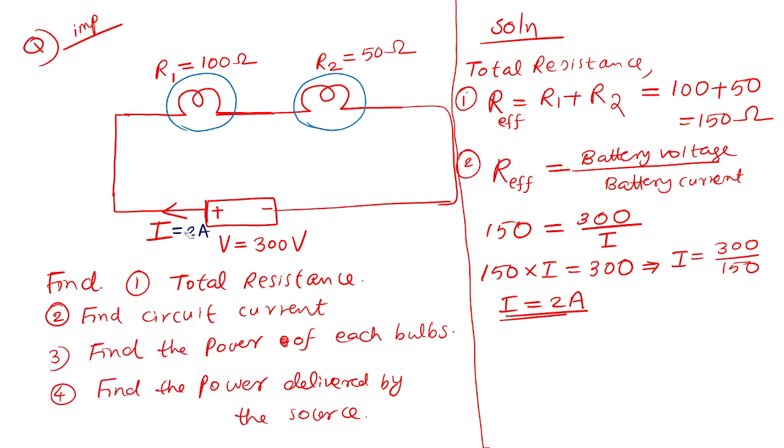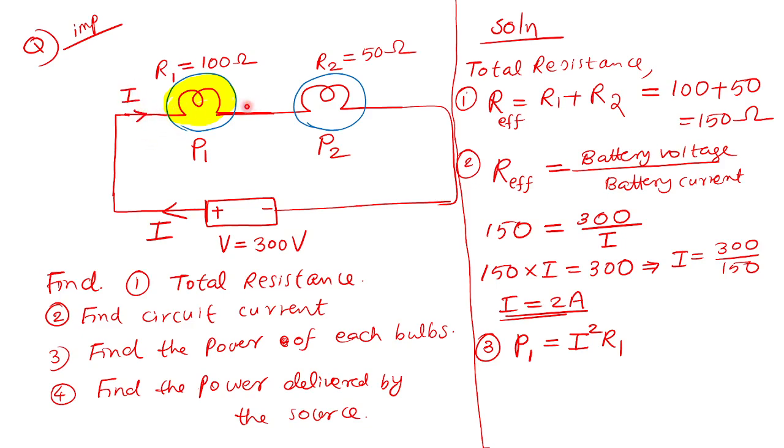Okay, this is the question. So let me delete it. Formula, power equal to I square R. Do you remember this? I explained this in the previous class. I square R1 is the suitable formula, because I is the current passing through the bulb. The current passing through the bulb is the battery current.